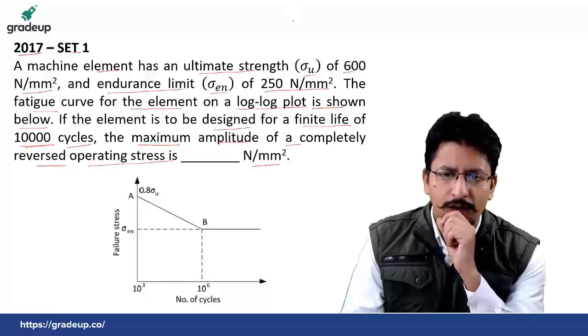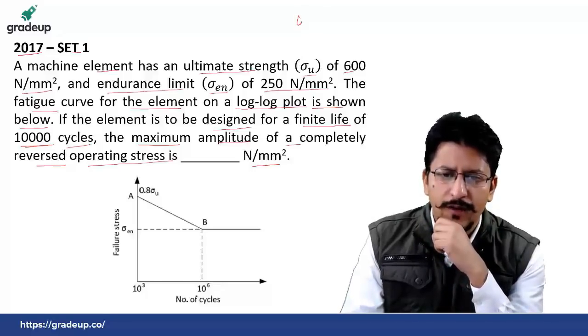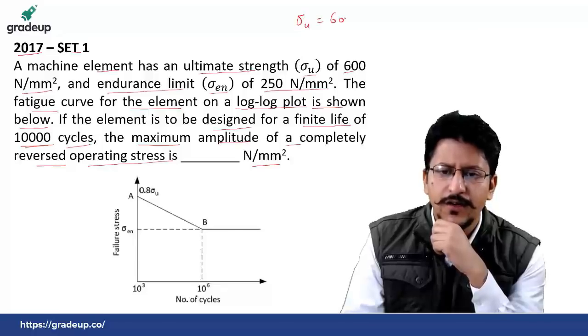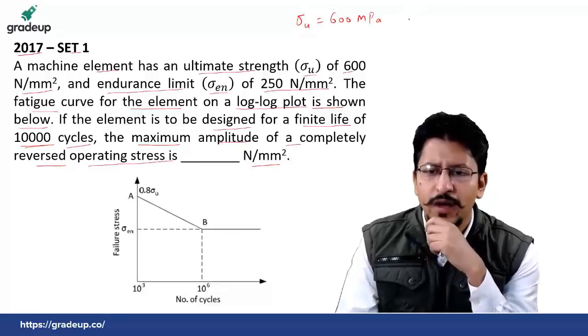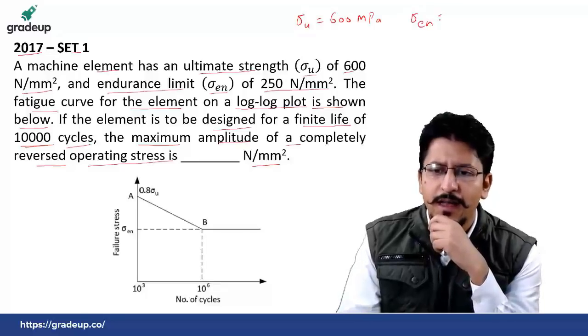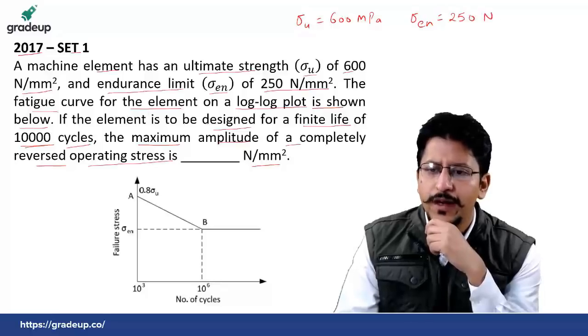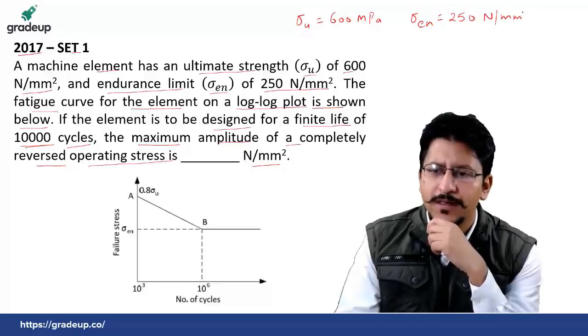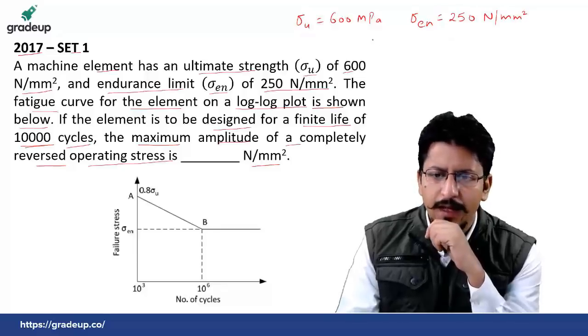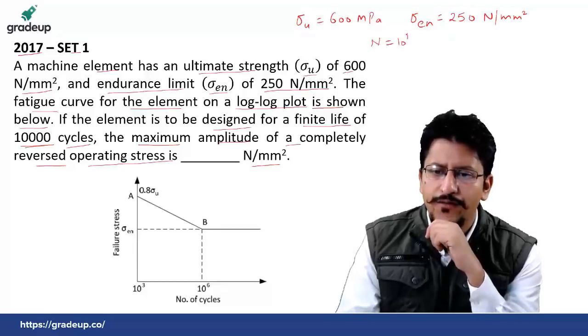Okay, so let us first of all write down some values. Sigma u is given as 600 megapascal or Newton per mm square. Sigma en is 250 Newton per mm square or megapascal. That is the same. And then for n equal to 10 to the power 4 cycles, we have to find out the stress.